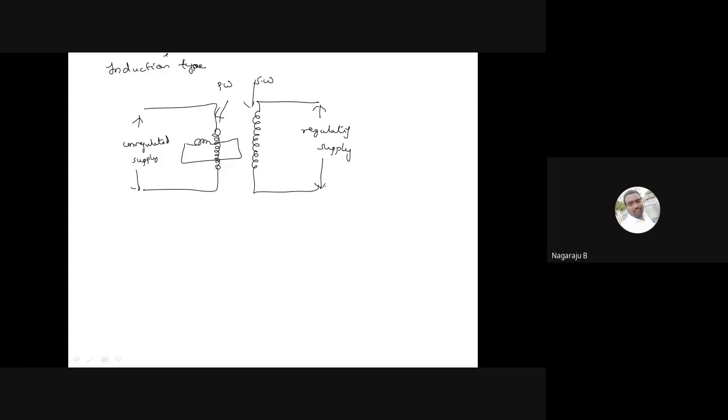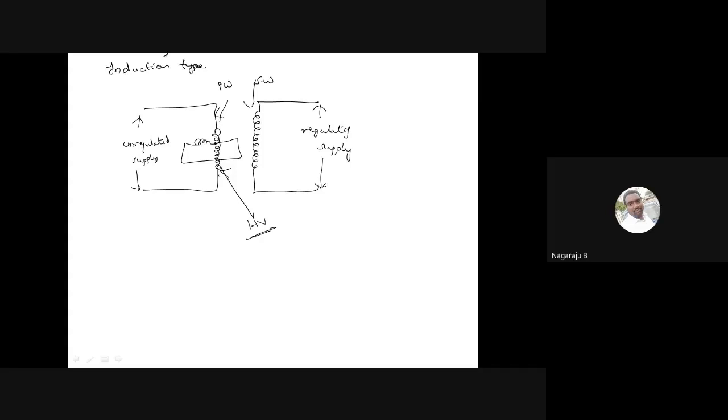Okay, so this is about that. So the primary winding is like the HV winding, and the secondary is not in series, and they are arranged so that they rotate with respect to one another.